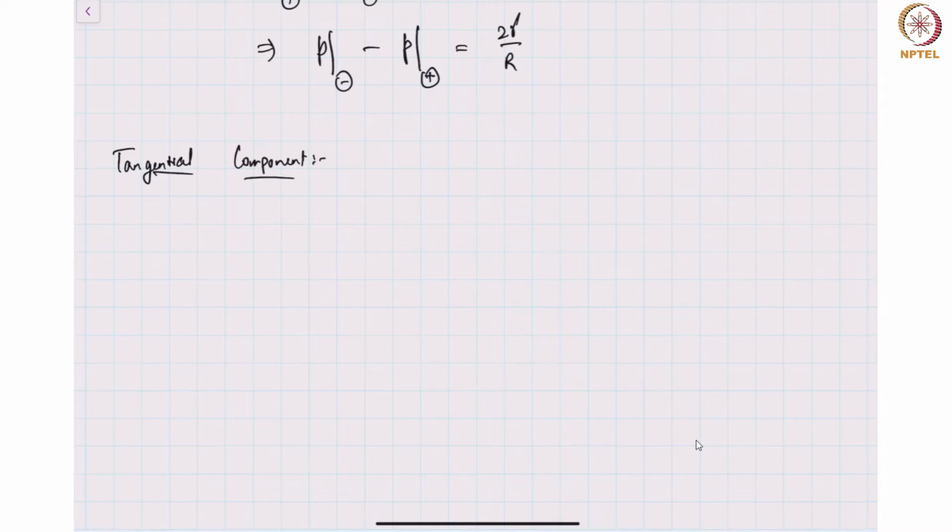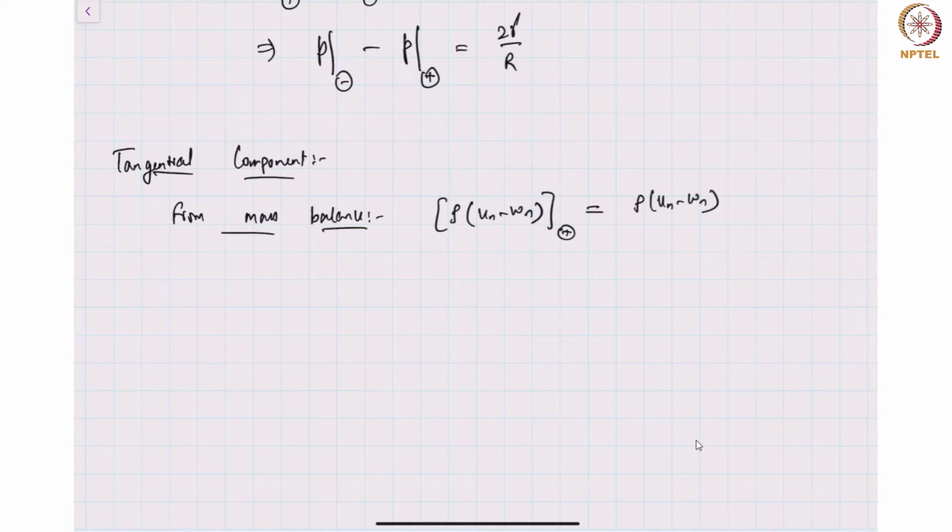For the tangential component, there are a few things to keep in mind. From mass balance, density times un minus wn on the plus side is equal to density times un minus wn on the minus side. That's the first thing to remember.